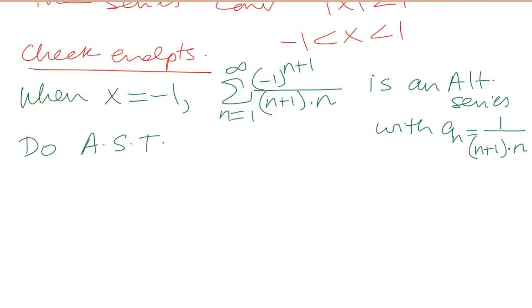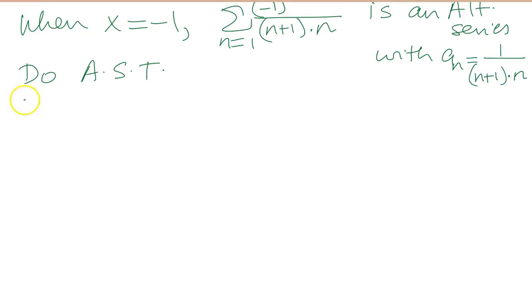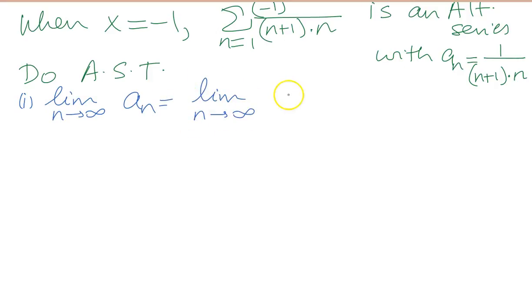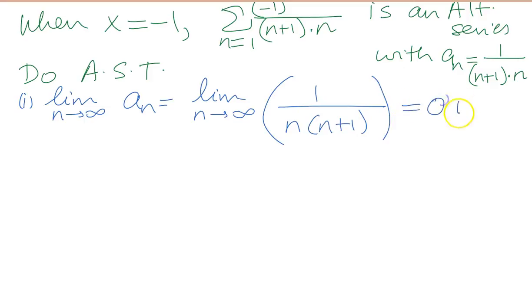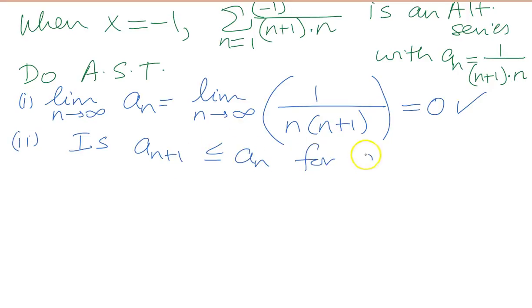Remember, for the alternating series test, you must check two conditions. Number one, limit as n goes to infinity of an, that is, limit as n goes to infinity of 1 over n times n plus 1, and that limit is 0. Okay, this is your an, right? So that limit is 0, so the first condition is met. Second condition, is an plus 1 less than or equal to an for all n, right?